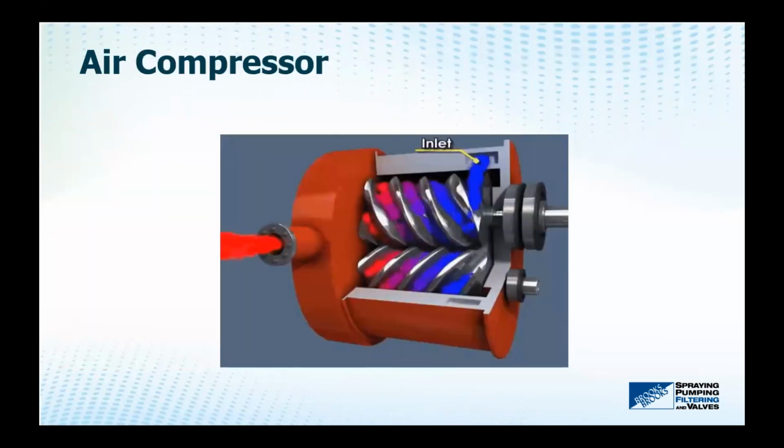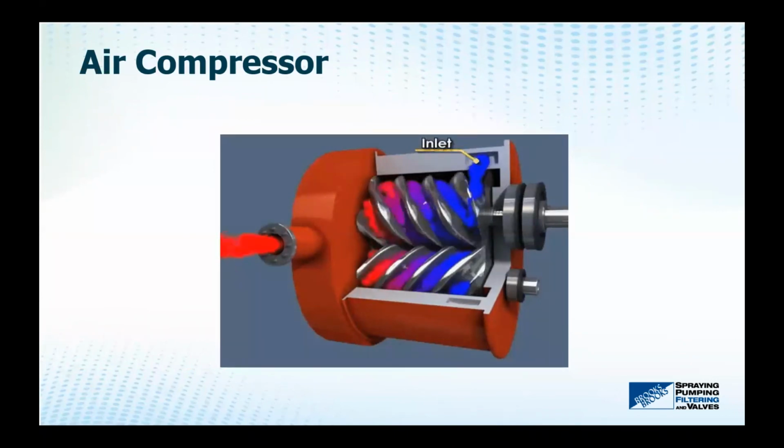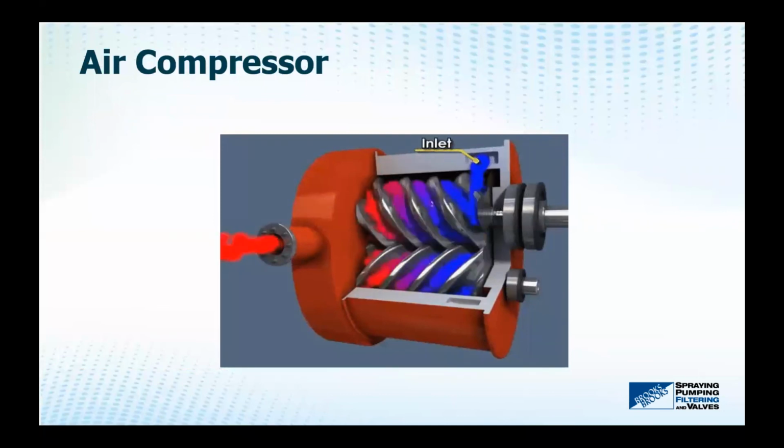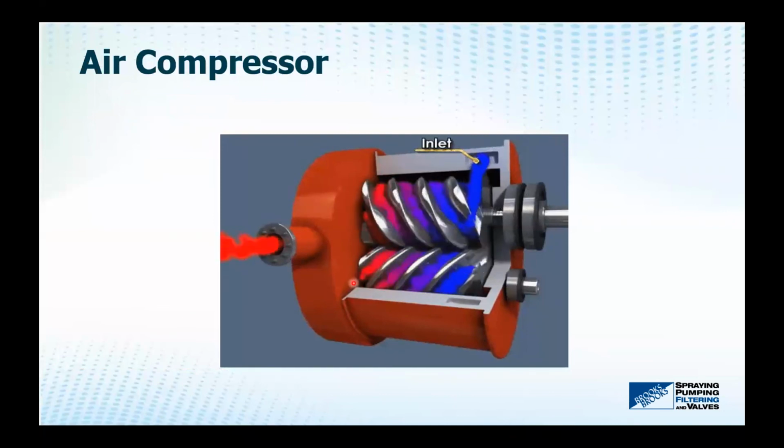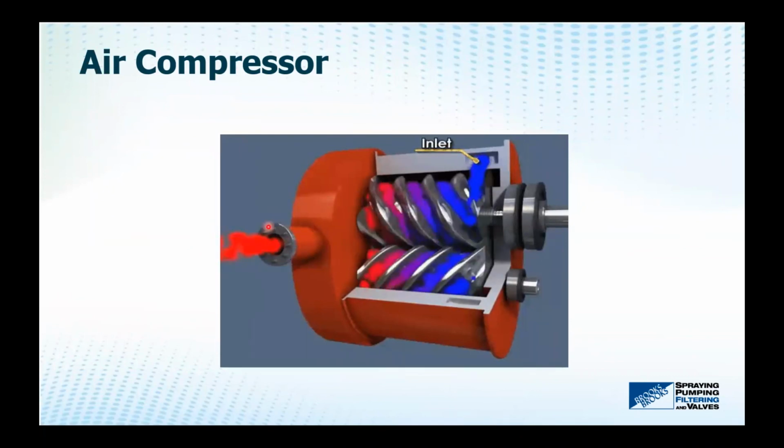I'll go to the next slide. So the goal of cleaning the air is, one, to protect the compressor and minimize the dirt load. And here we see an animation or visualization of a compressor, and the blue quadrant is nice cool air coming in, and coming out we get hot air.